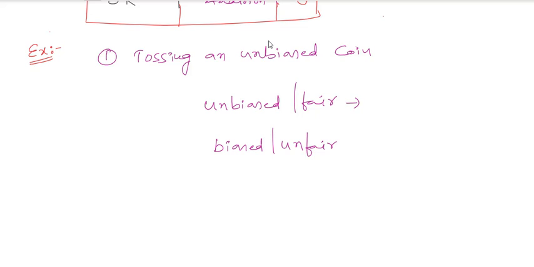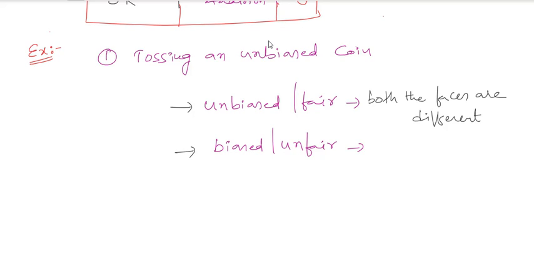Can you tell me the difference between these two? Unbiased means nothing special: if you take a coin, one side is head and the other side is tail, so both faces are different. We call that unbiased.